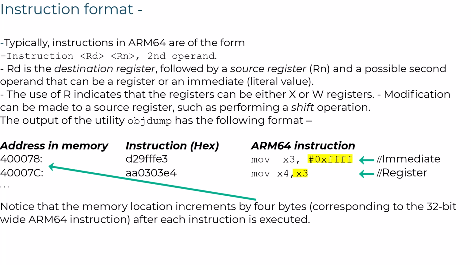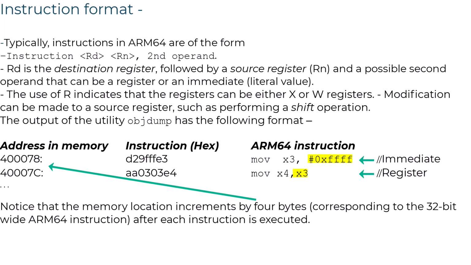But objdump will lay the instructions out in this format. So it'll show the address where the instruction resides. It'll show the actual instruction itself, and this is given in hexadecimal. And then it will show the mnemonics of the ARM64 instruction. In this example, we have move into the destination register X3 this value shown here.